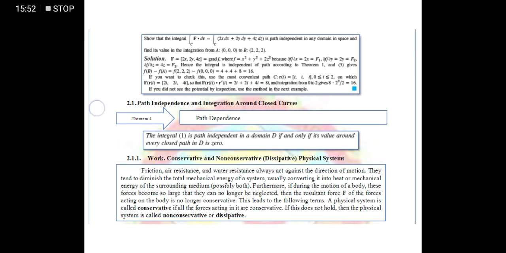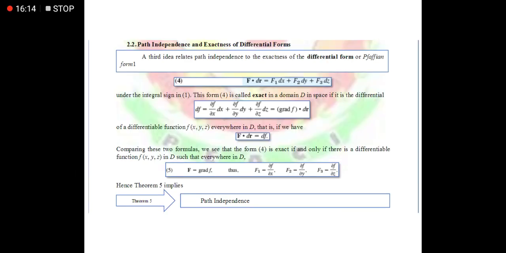That is one of the characteristics of a path independent function. Please read the discussion on conservative and non-conservative, path independence and closed curves.